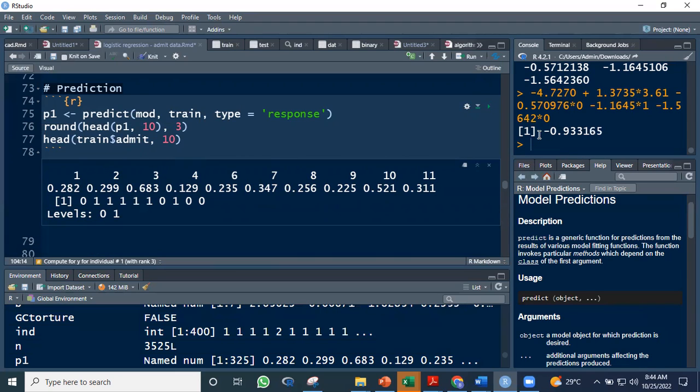Saan nanggaling itong negative 0.933165? Alam natin kung saan nanggaling to, di ba? Yun ang question natin. Saan nanggaling itong 0.282? Kasi ito, na-solve natin yung 0.933165. Okay, so that's my question. Paki-chat nga kung naiintindihan yung question, if you're following the train of thought.